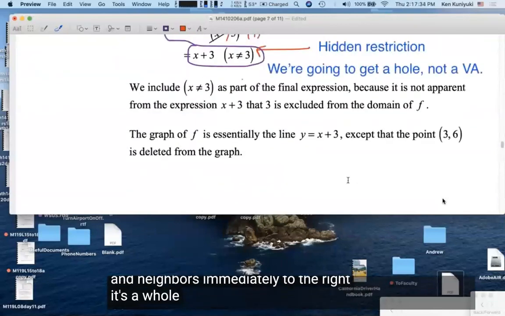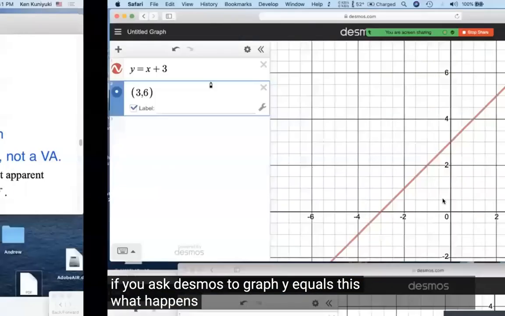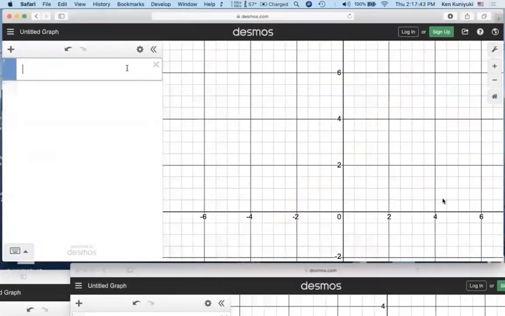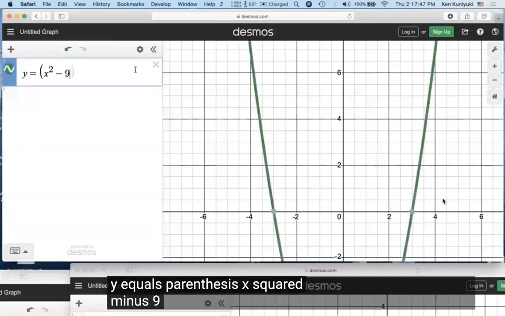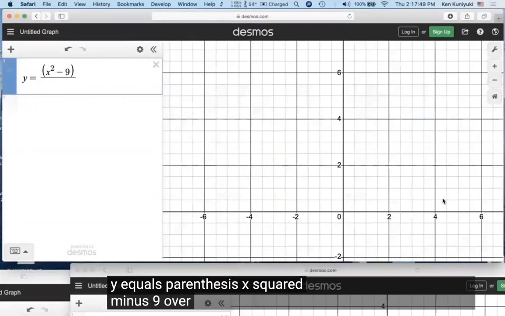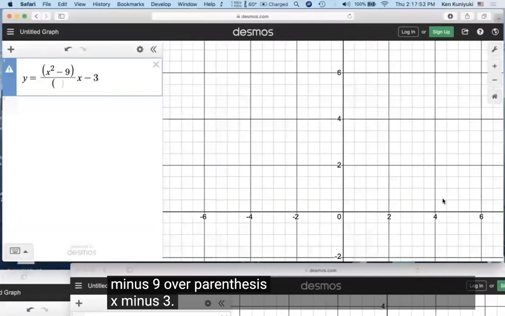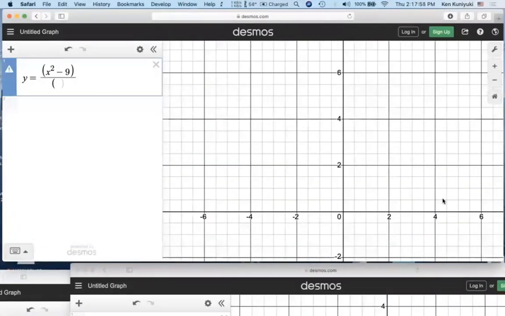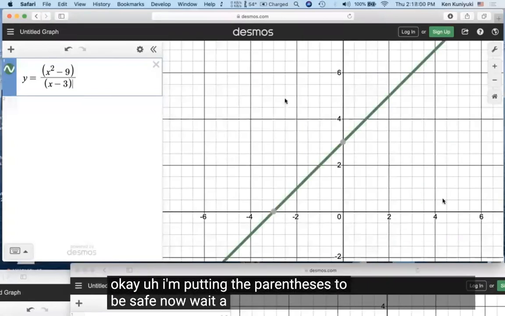It's a hole. Now, by the way, you're smarter than Desmos. If you ask Desmos to graph y equals this, what happens? Y equals, parentheses, x squared minus 9, over, parentheses, x minus 3. I'm putting the parentheses to be safe. Now, wait a minute.